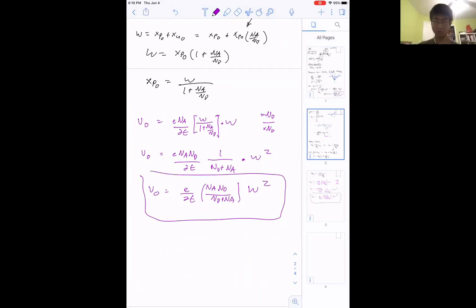And it shows that there's a square root relationship if you solve for W in terms of V naught.